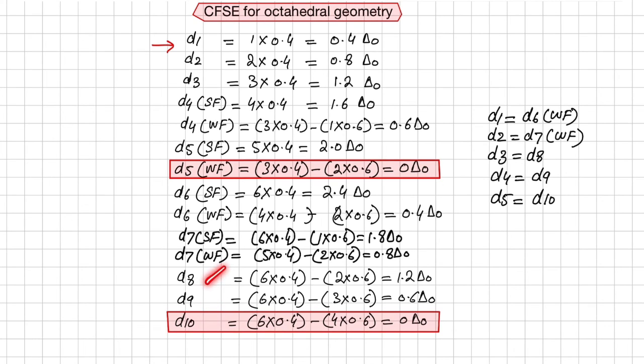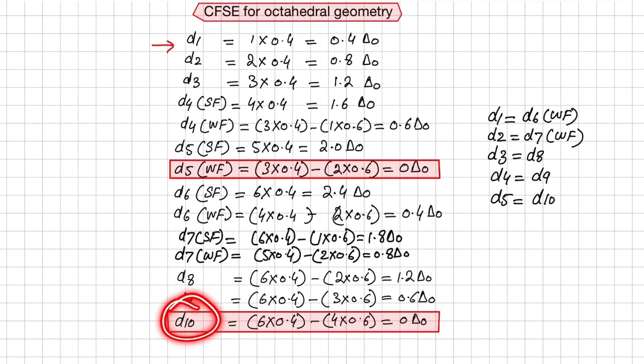In case of these three systems, there are no such cases as strong field and weak field. The result will be the same whether the ligand is strong field or weak field. For the D8 system the value is 1.2 delta O, for the D9 system the value is 0.6 delta O, and for the D10 system, for elements such as zinc, cadmium and mercury, the value is again 0.